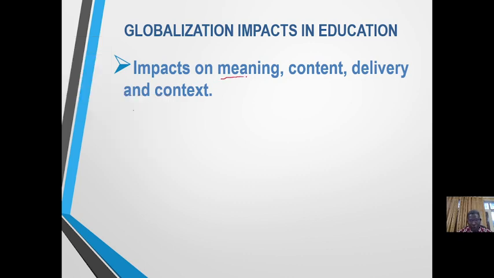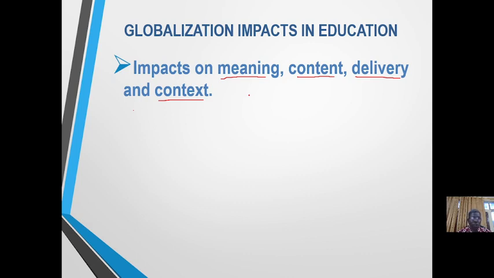The meaning of education has changed because of globalization, and so have the content, the delivery, and the context. We are no longer talking of a classroom as a four-walled room. Sometimes you can even be in an open space interacting with the internet, a website. You can have your own classes, even participating in other classes outside your boundaries. This is how things are happening. Therefore, there is impact in educational meaning, content, delivery, and context.